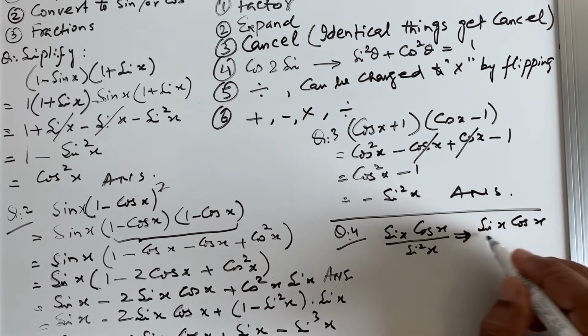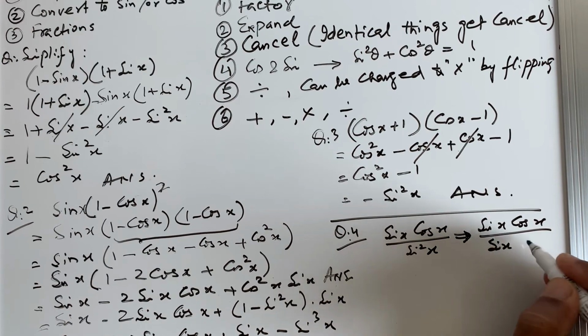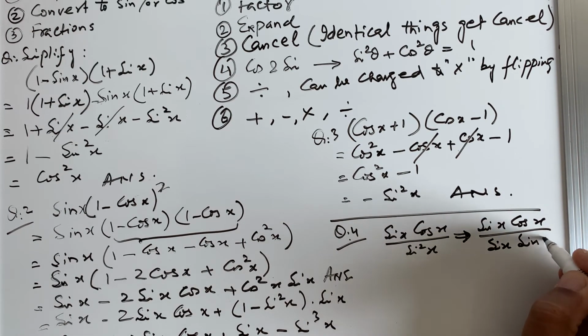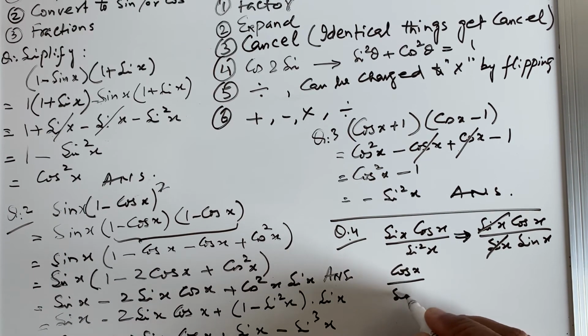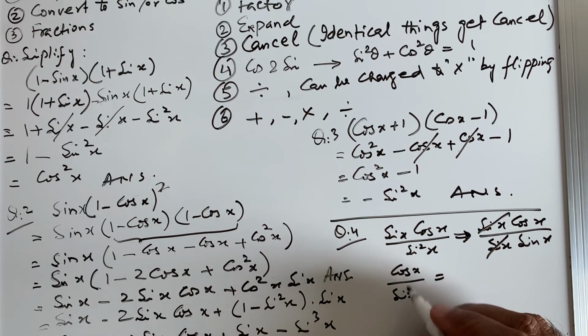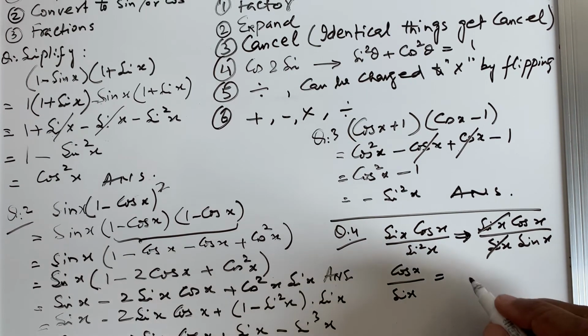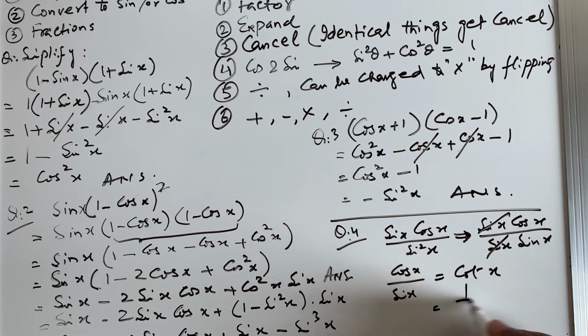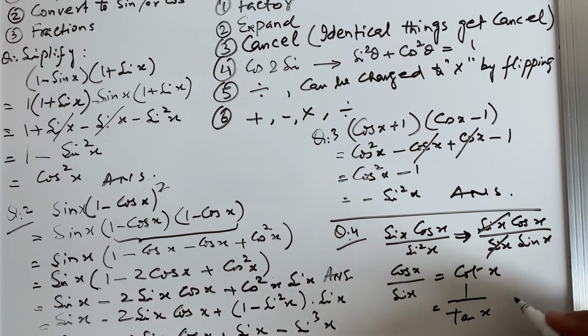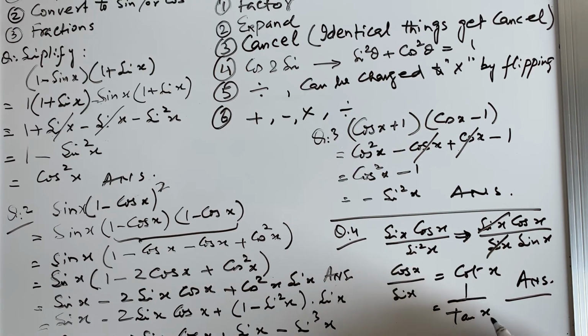So cos x divided by sin x, and one sin x got cancelled. What I am left with is cos x divided by sin x. And we learned in our lectures 1 and 2 that cos x over sin x is cot x, or I can write it 1 over tan x. Both ways of writing are correct. So cot x or 1 over tan x is my answer.